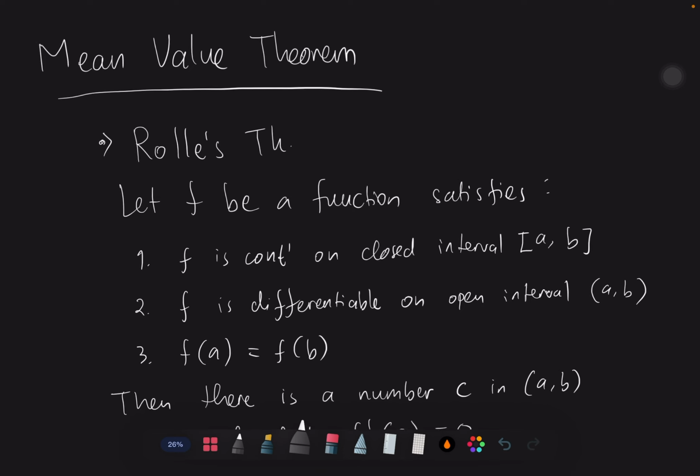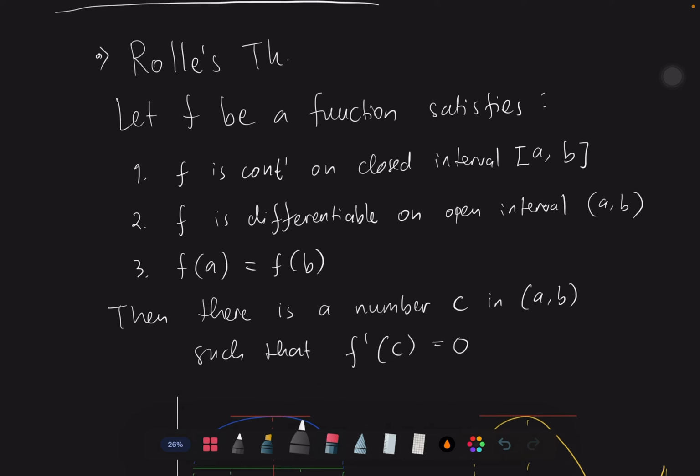Now, the core concept of chapter 4 is basically the mean value theorem. But before the mean value theorem, before the definitions, let me make clear that it starts with the theorem called Rolle's theorem.